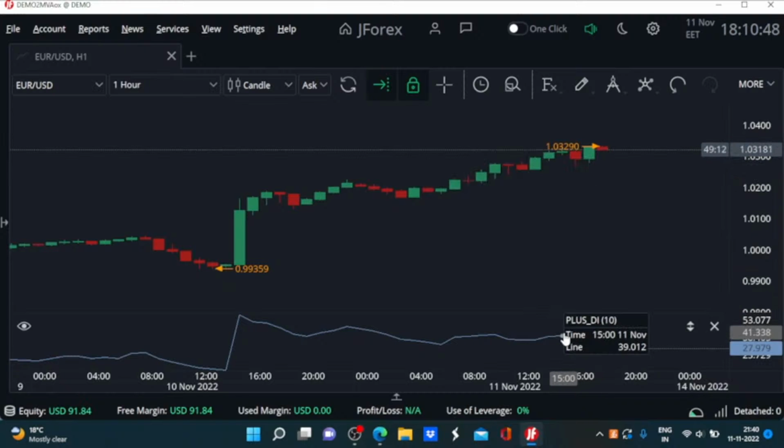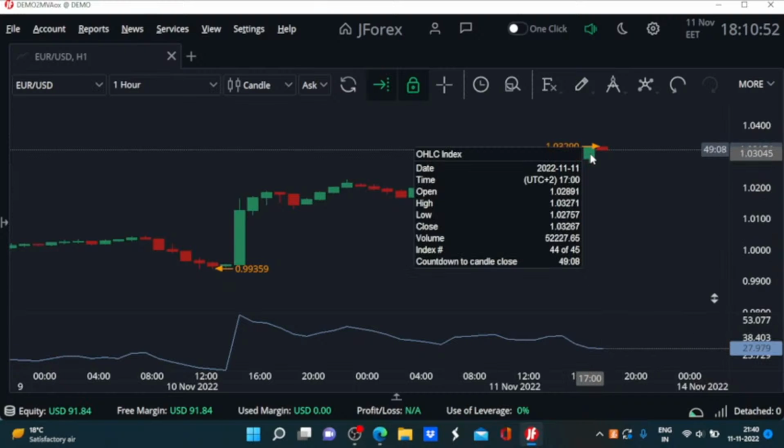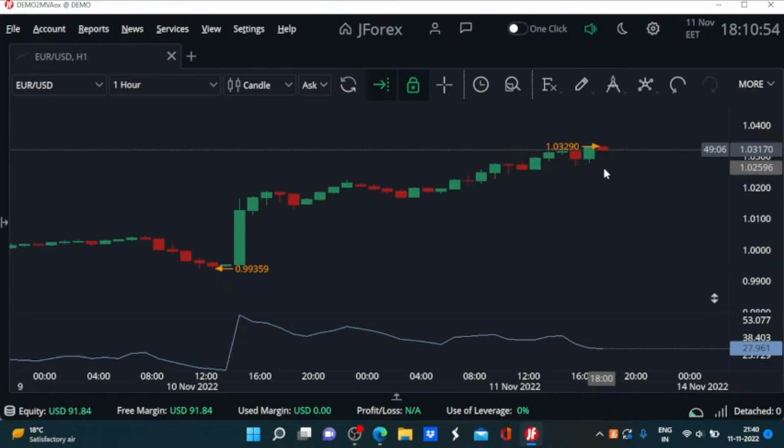And now the plus DI indicator is indicative of an ongoing consolidation phase. So it is simply telling you to sit on the sidelines, and maybe better opportunities will come your way, but you have to give some more time for the purpose of figuring out the new opportunities.